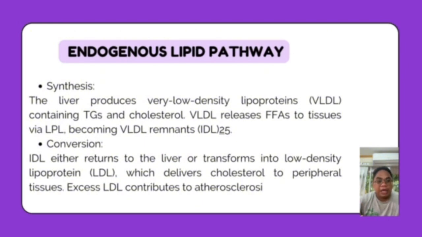LDL mainly carries cholesterol and delivers it to cells that need it. But if there's too much LDL in your blood, it can build up in your blood vessels and cause blockages, increasing the risk of heart disease.